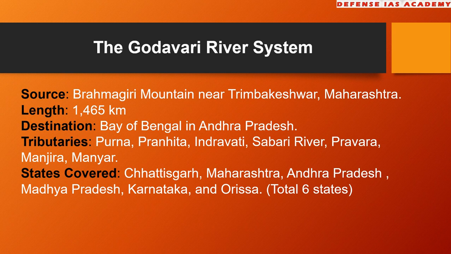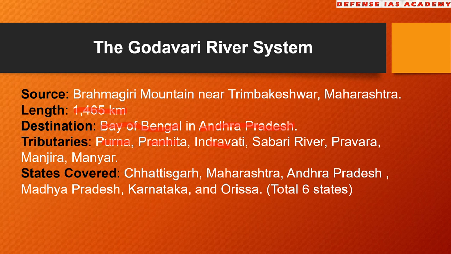So next, just a brief walkthrough about the Godavari river system. The source is the Brahmagiri mountain near Trimbakeshwar, which is in Maharashtra. The length is 1465 kilometer.